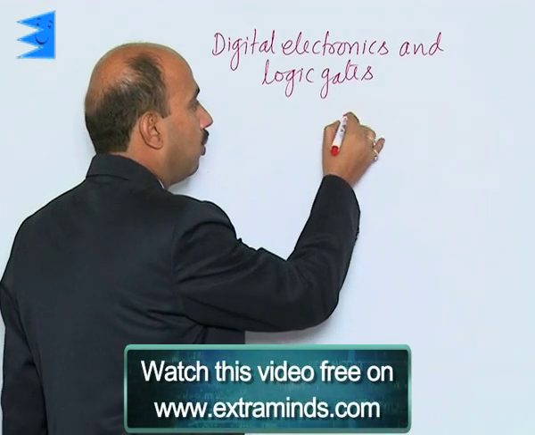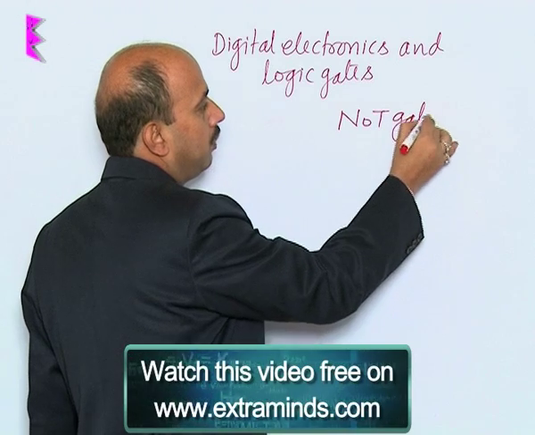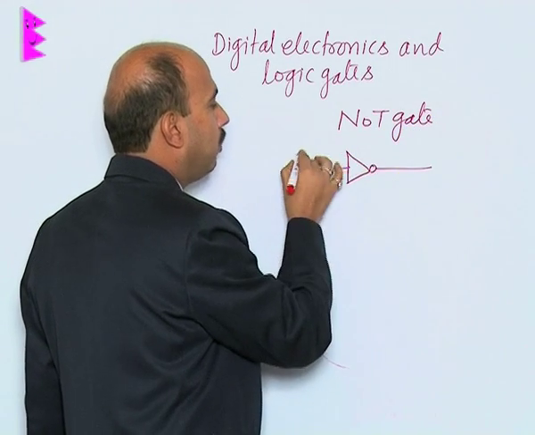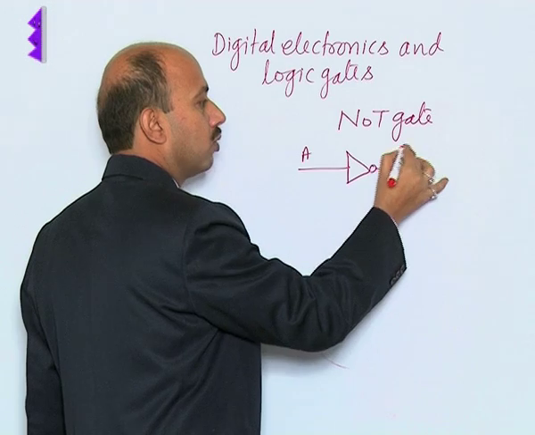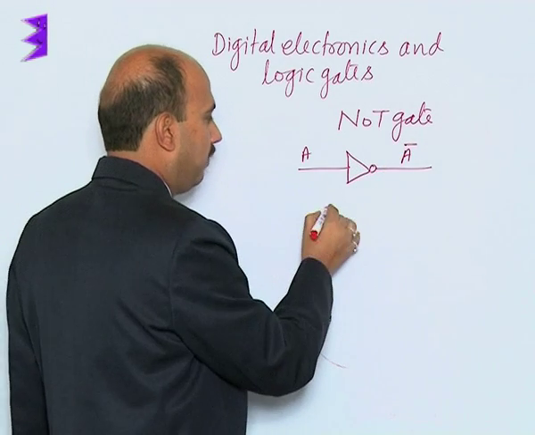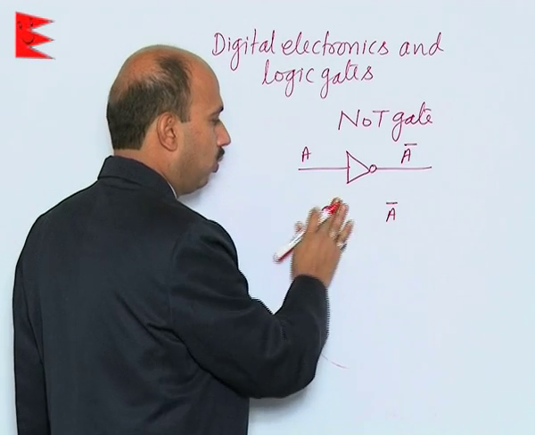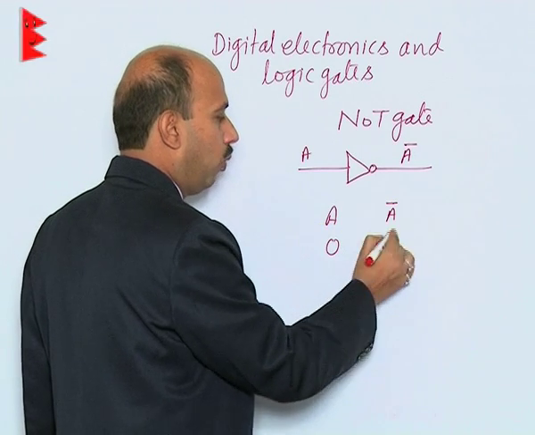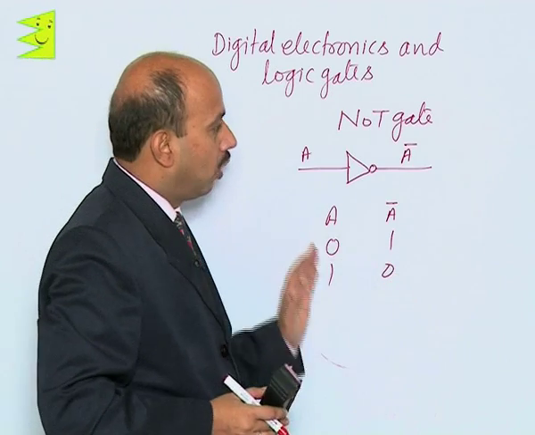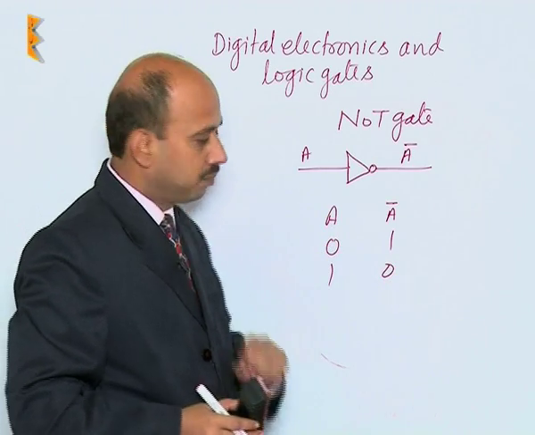The NOT gate is represented like this, with one input and one output, but the output is the reverse of, opposite to the input. If A is 0, the output is A bar. So if we take 0 then 1, 1 then 0, one input and one output, it works on this truth table or this logical relationship.